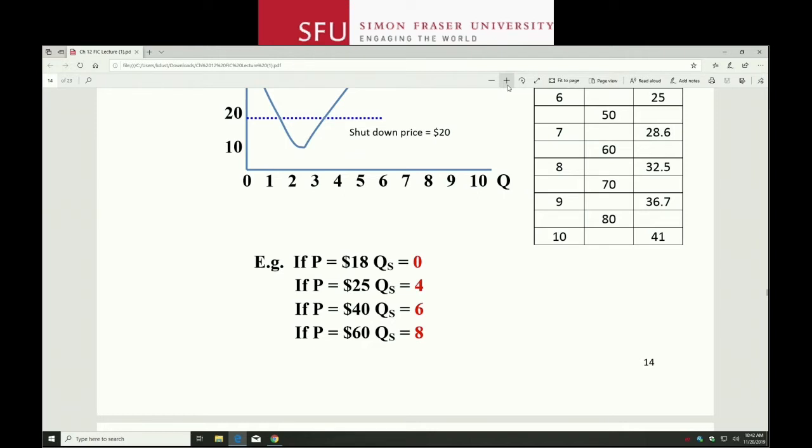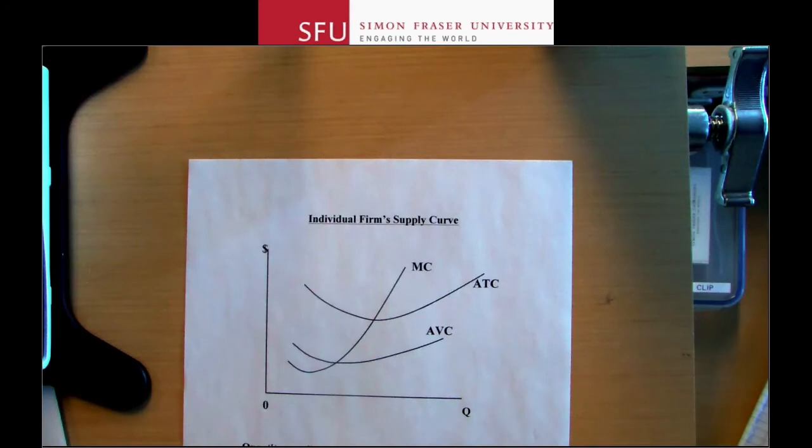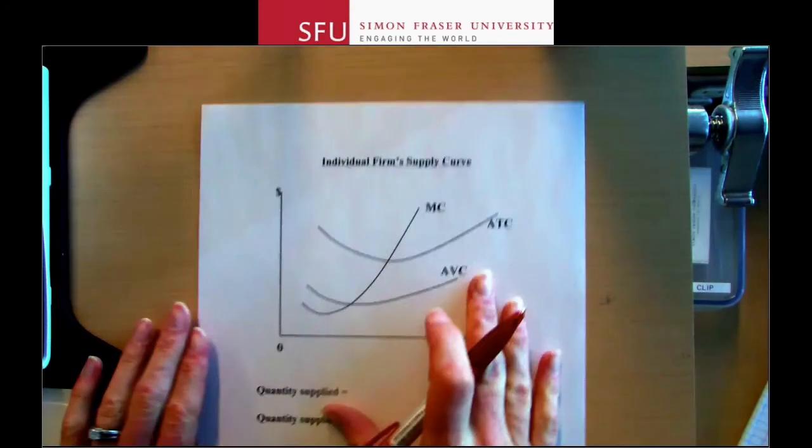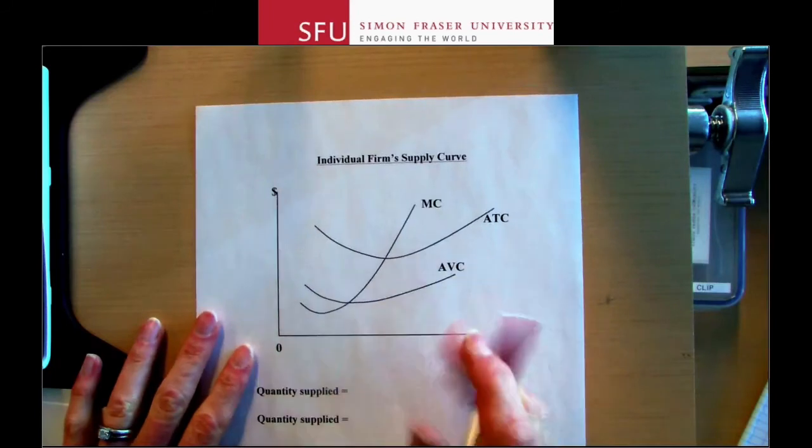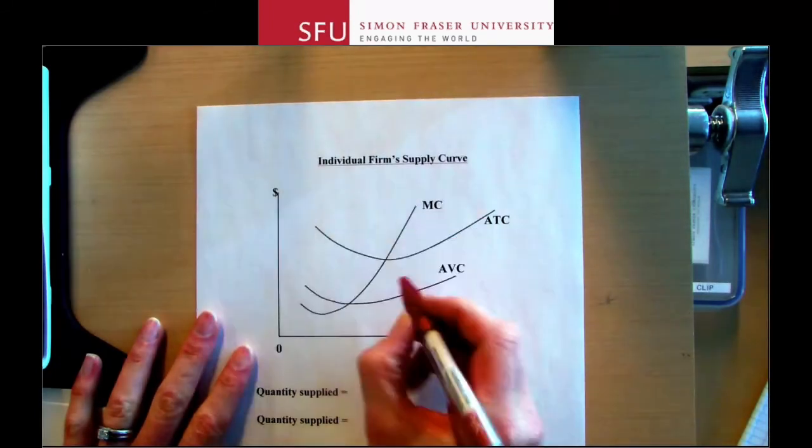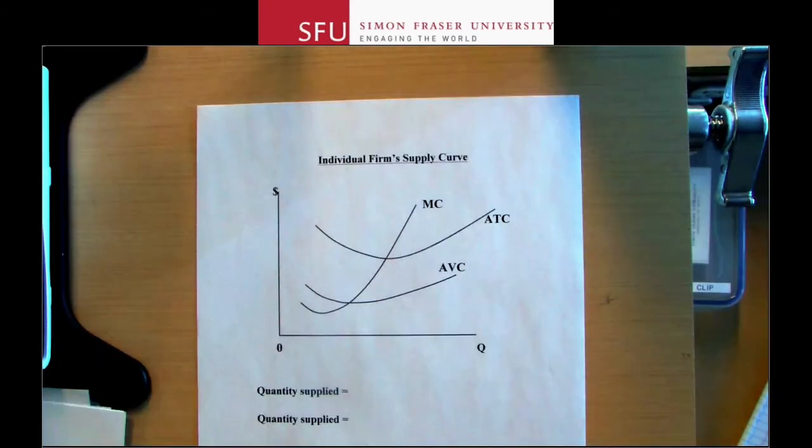Good. So the supply curve is going to be 2 parts. It's going to be 0 up until the shutdown price, and then above the shutdown price, the supply curve just follows the marginal cost curve. So to draw the firm's supply curve, we need 2 prices that we should label here.